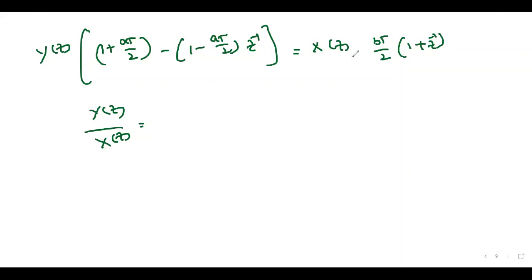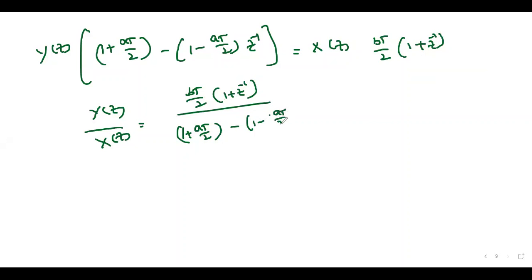This is equal to, now, y of z by x of z is equal to bT by 2 into 1 plus z inverse divided by this whole 1 plus aT by 2 minus 1 minus aT by 2 into z power minus 1.